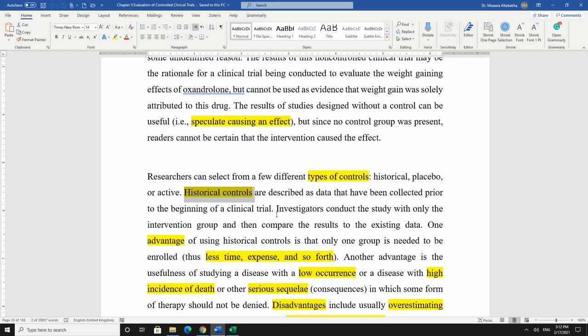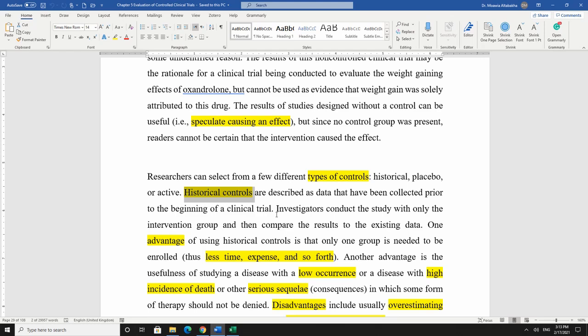Number two, it's suitable when there is a lot of morbidity, I mean a lot of death. If I don't try a drug with the patient, he will die. So I have to try a drug.